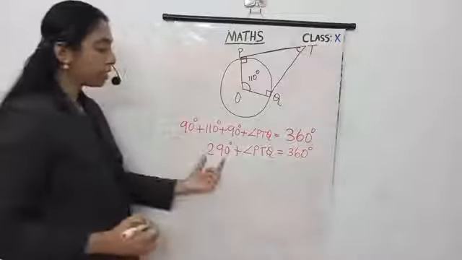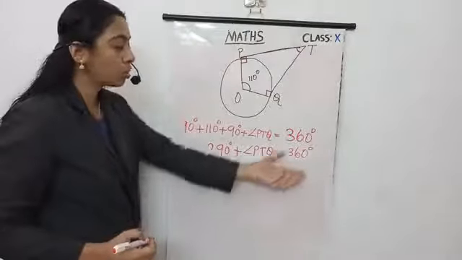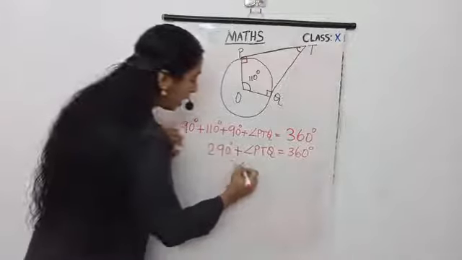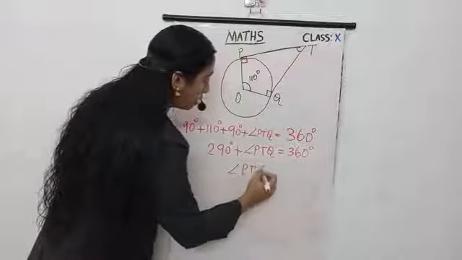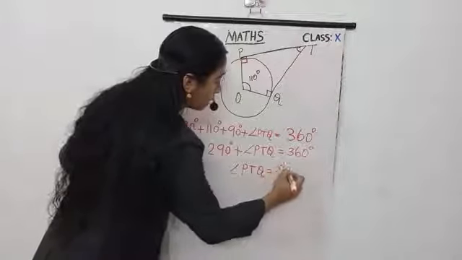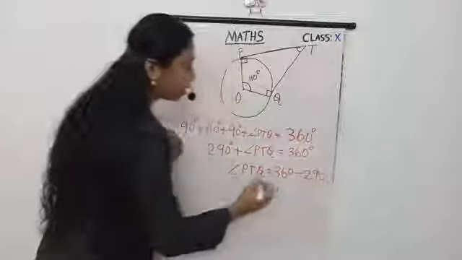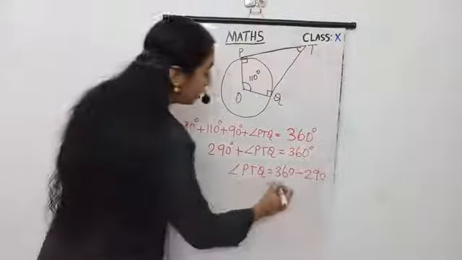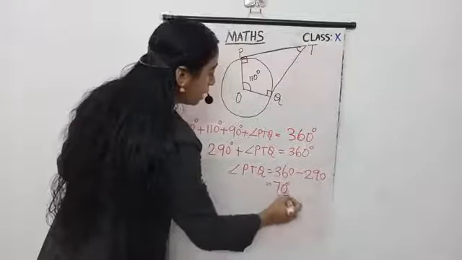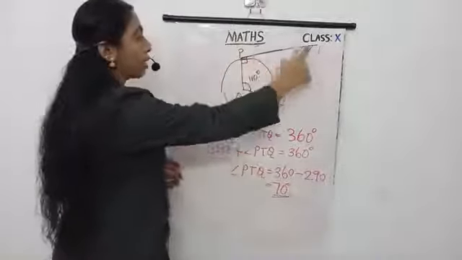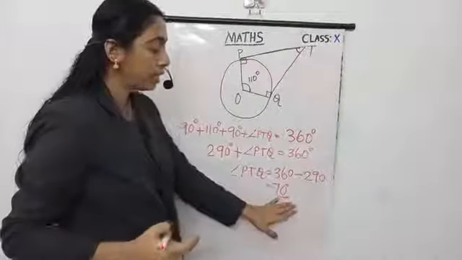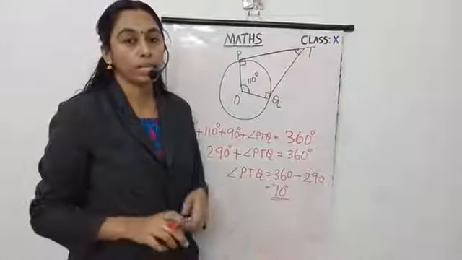Now transpose 290 degrees to the right hand side. Then angle PTQ is equal to 360 minus 290. After subtracting we get 70. So angle PTQ is 70 degrees. So option B is the correct answer.